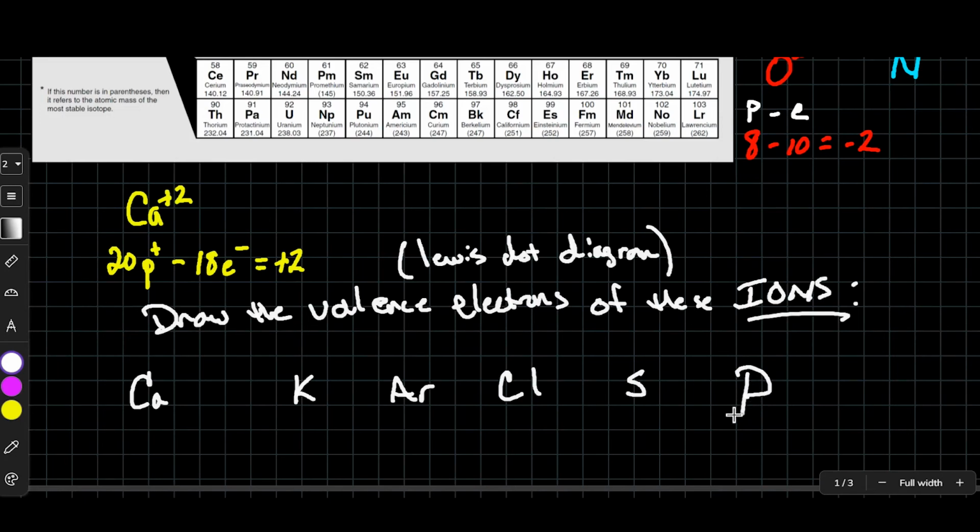Okay, and I'll give you a hint. That's what argon looks like. Okay, what are all of the other ones going to look like?